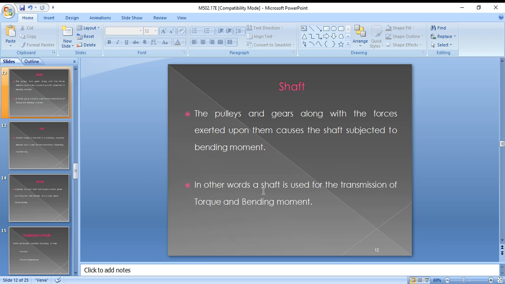In other words, a shaft is used for transmission of torque and bending moment. If there are no pulleys or gears, there is only a torque. If it has pulleys and gears, it has a bending moment also.